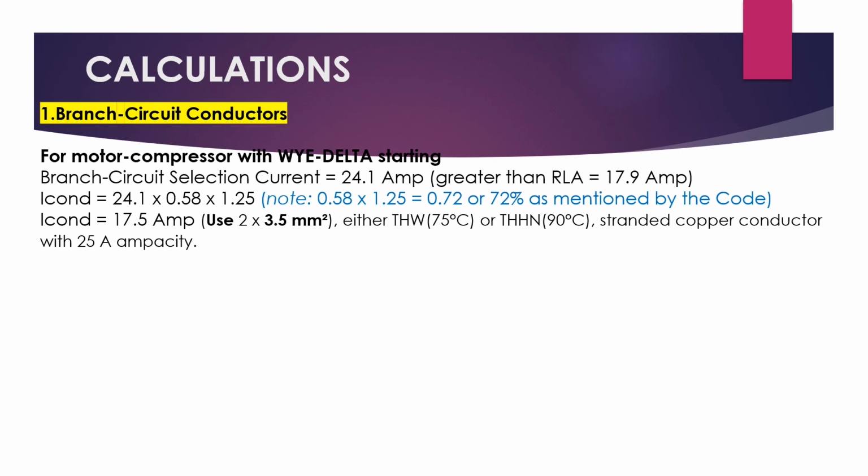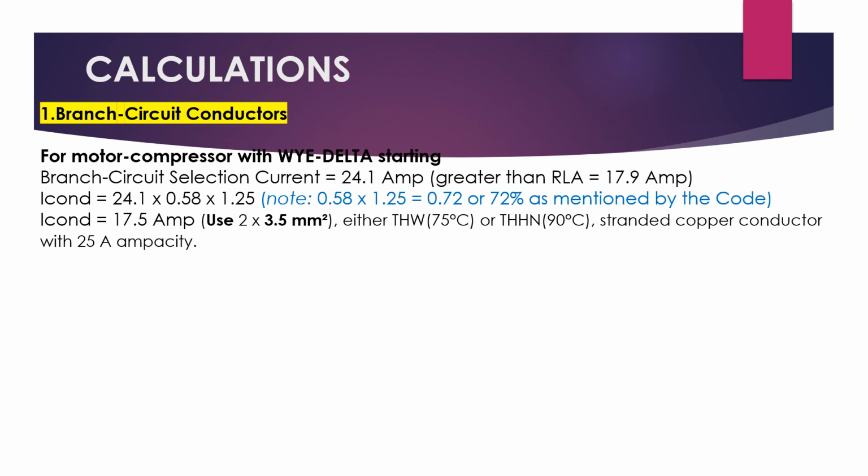And using the conductor ampacity table, you can get the conductor size. You have to go back to my previous videos, which show how to use the table for sizing conductors.